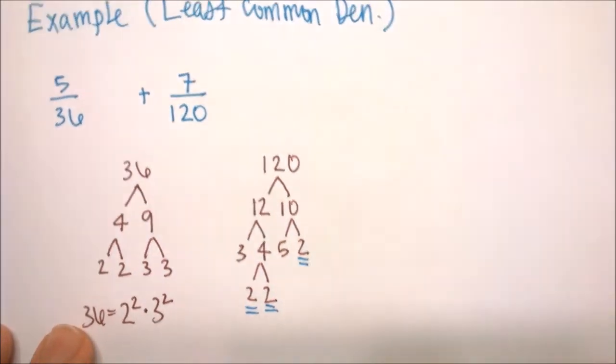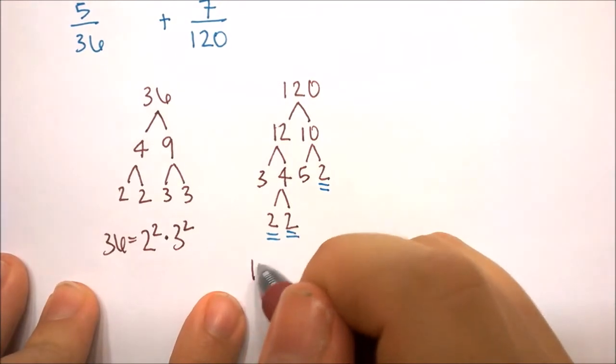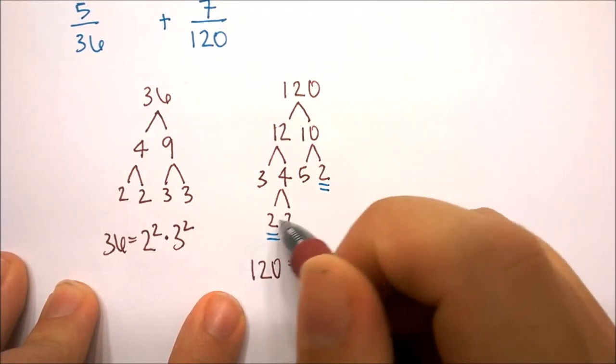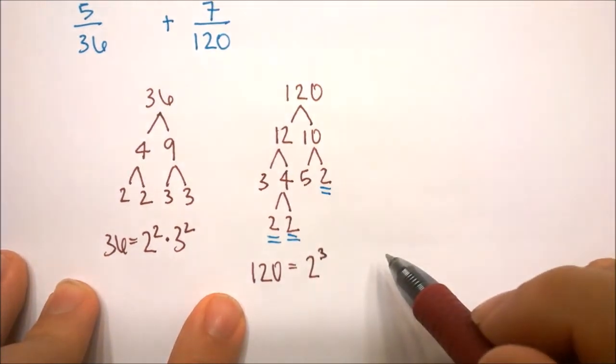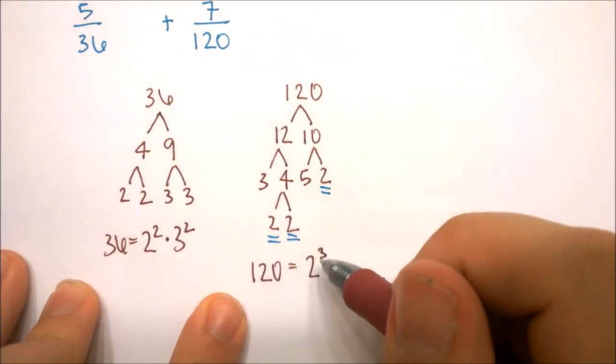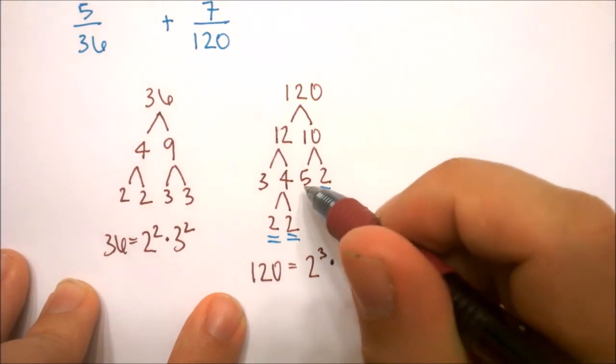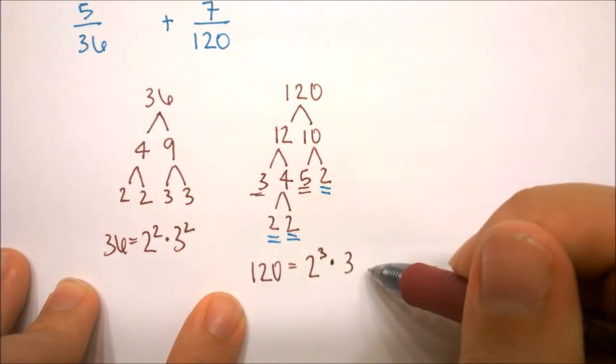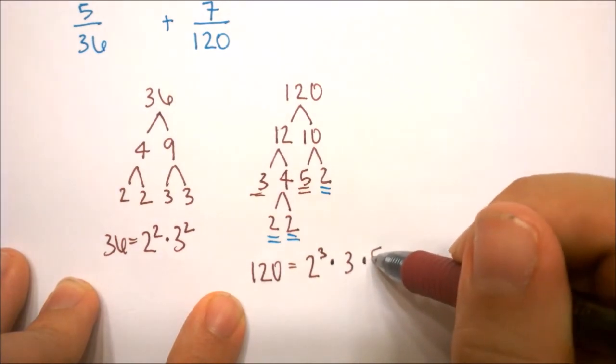So we're going to say 120 is equal to 2 cubed, because we have 3 2's, multiplied by 1 3, so just 3 to the first, or 3, multiplied by 5.